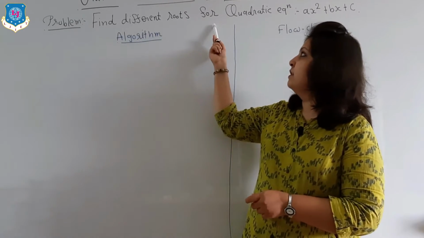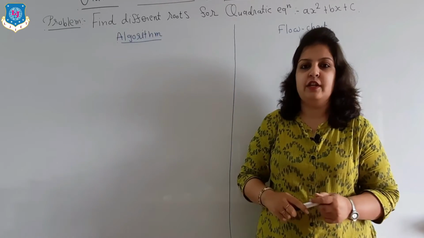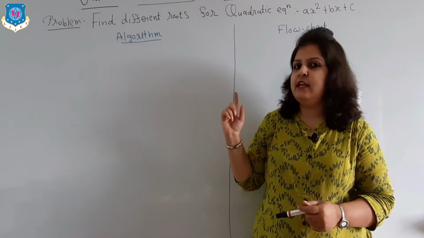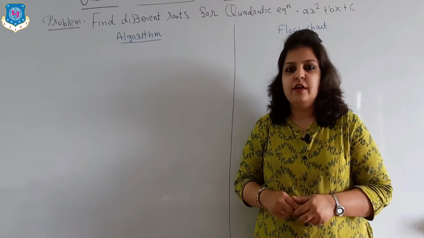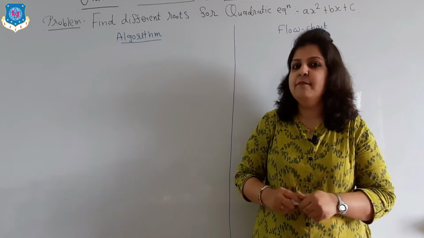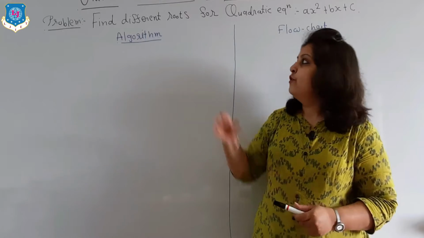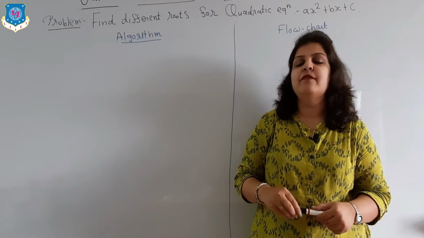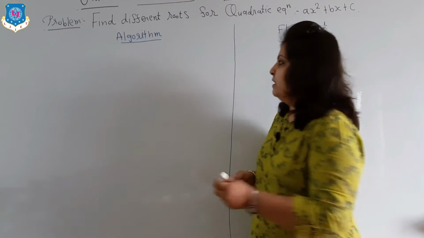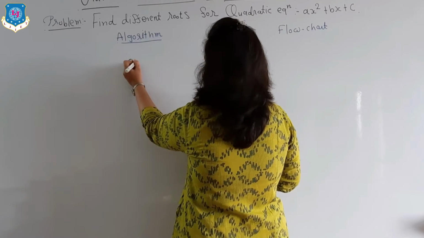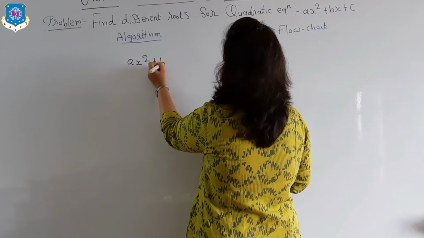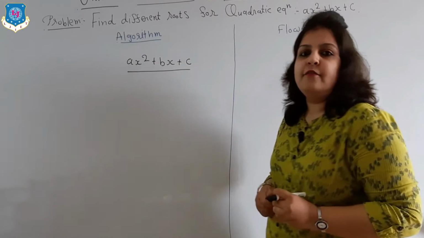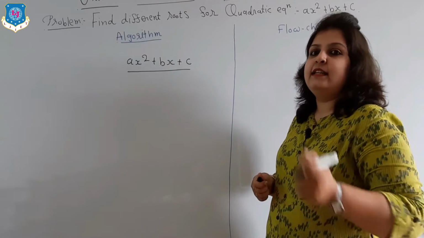Find different roots for the quadratic equation ax square plus bx plus c. This equation you already know, we have already learned this in mathematics, right? So for finding a root we first have to calculate the value of our delta, or we can say determinant.